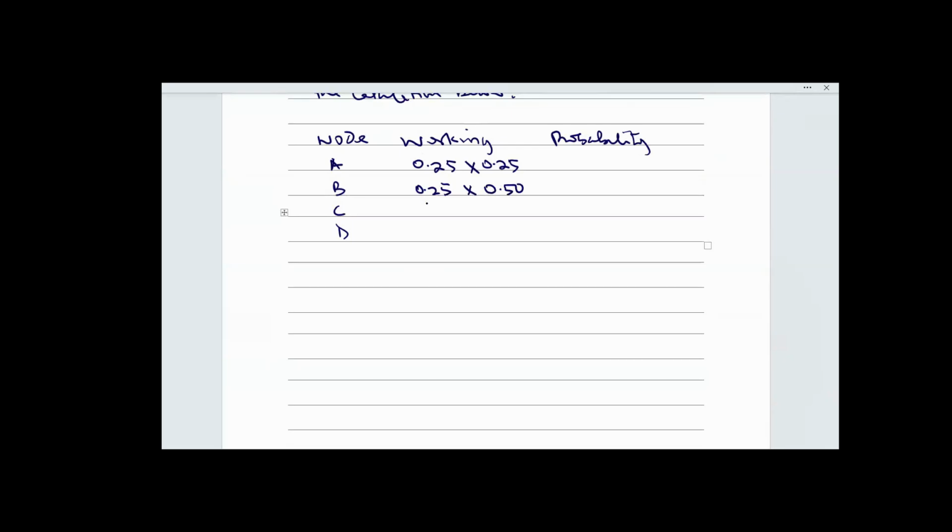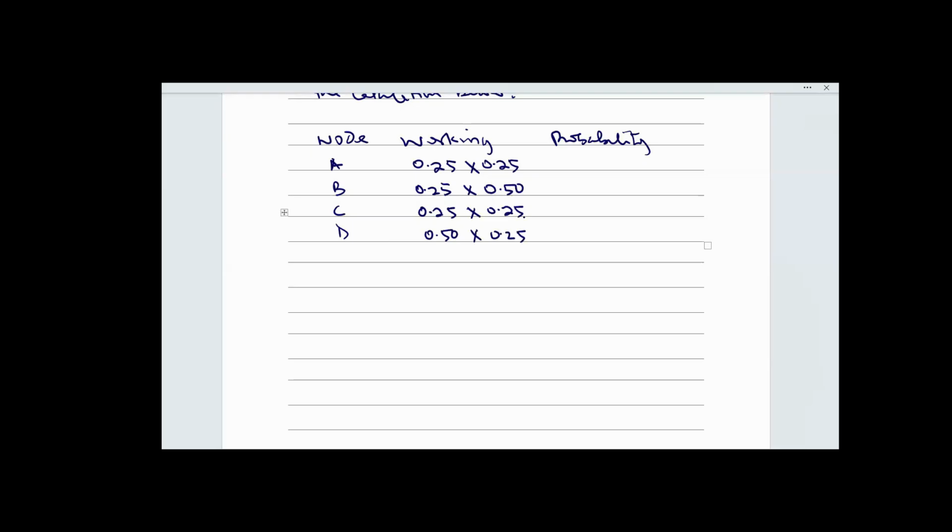Node C, year 1 probability is 0.25. Year 2 probability is 0.25. Then node D, year 1 probability is 0.5, multiplied by year 2 probability of 0.25.